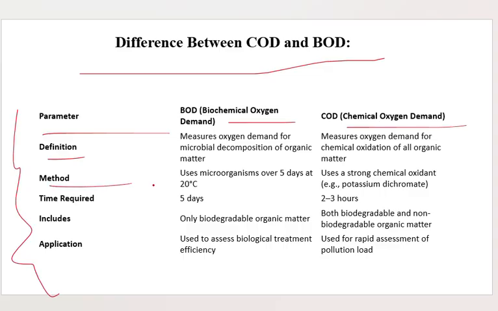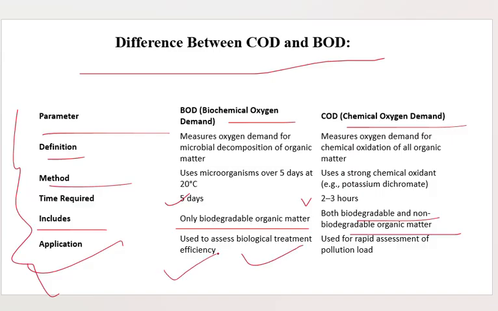Method to measure BOD takes a longer duration, generally 5 days, but COD only requires 2 to 3 hours to find COD in a water sample. BOD includes only biodegradable organic matter, so through BOD we can estimate only biodegradable organic matter. But in COD, we can estimate both biodegradable and non-biodegradable organic matter. Application: BOD is used to assess biological treatment efficiency, while COD can be used for rapid assessment of pollution level. So this is the difference between COD and BOD.